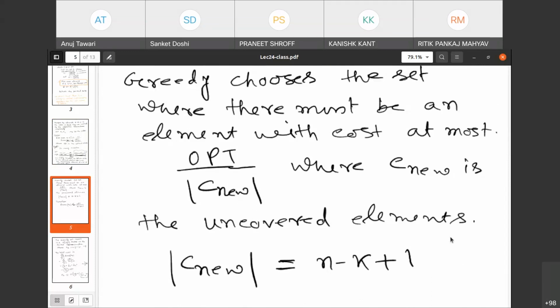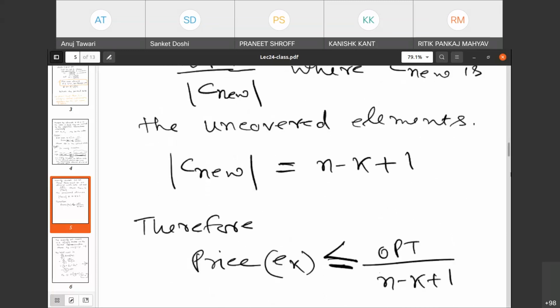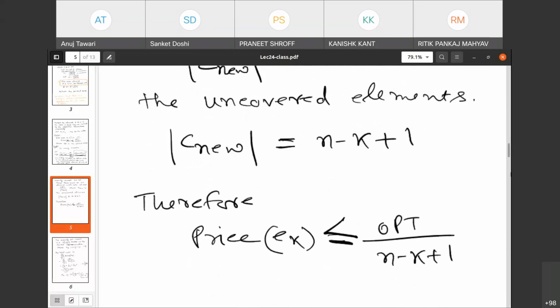Right? So I hope this is clear. So we have that the price of Ek is at most opt by n minus k plus 1.